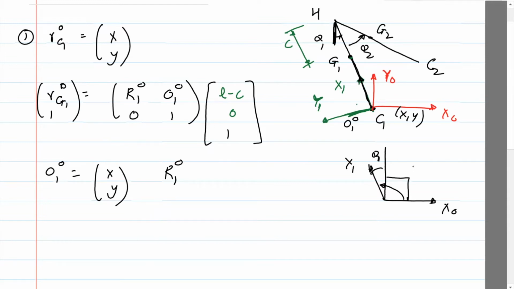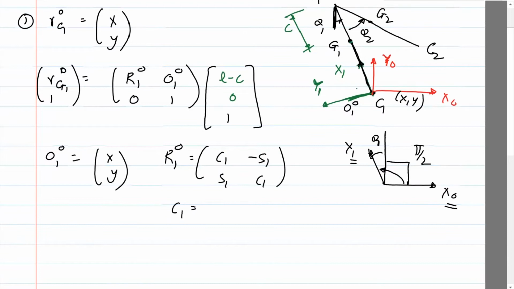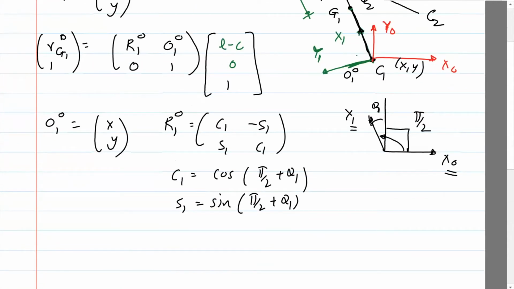And since this is pi divided by 2, the angle between x0 and x1 is pi divided by 2 plus theta 1. So all I need to do is say C1, minus S1, S1, C1, where C1 is cosine of pi by 2 plus theta 1, and S1 is sine of pi by 2 plus theta 1. Okay, so that takes care of finding RG1.